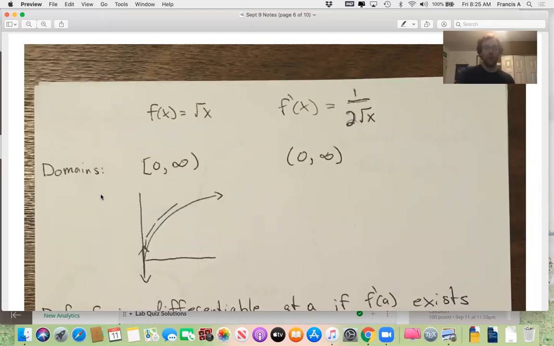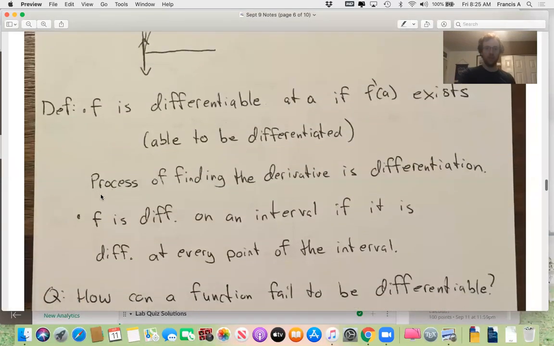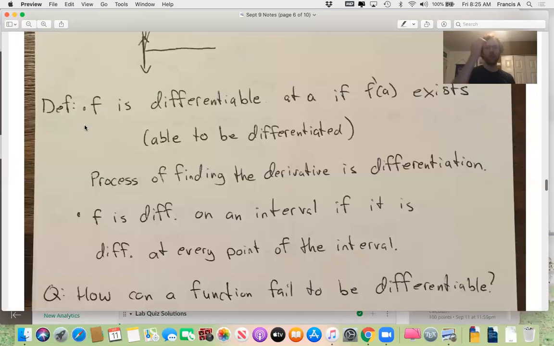So before we get too far, we want to introduce a little bit of terminology. First, we say that a function is differentiable at a point if the derivative exists. So differentiable meaning able to be differentiated. The verb of what we're doing is to differentiate.